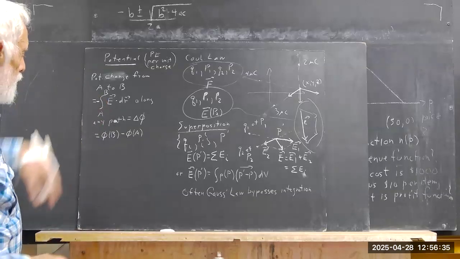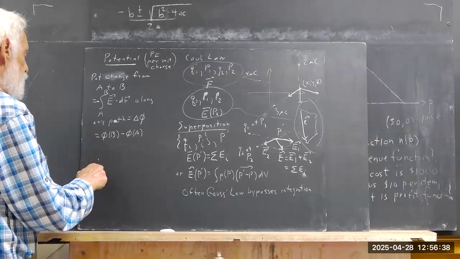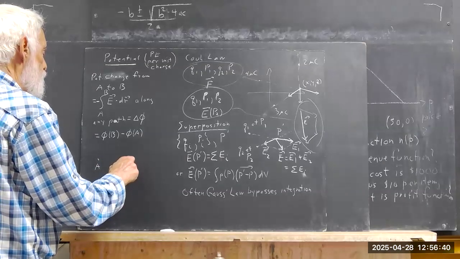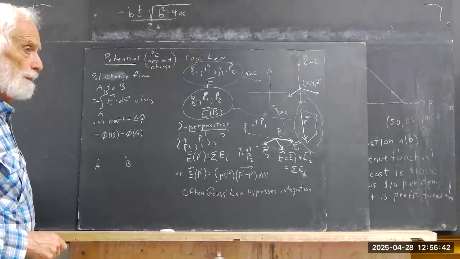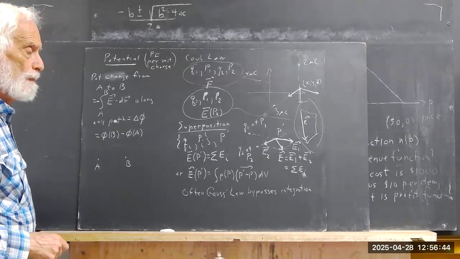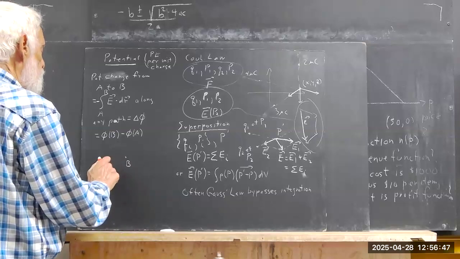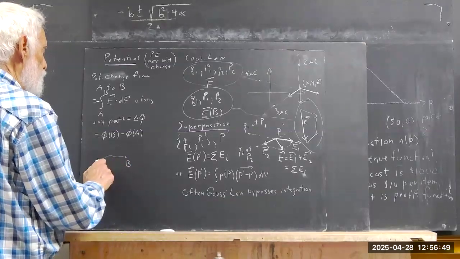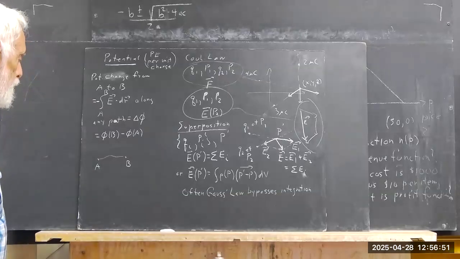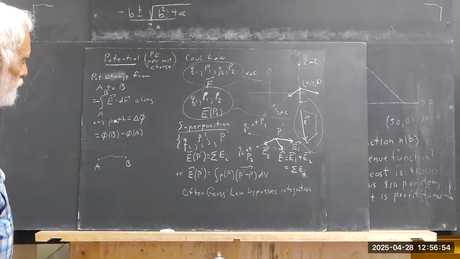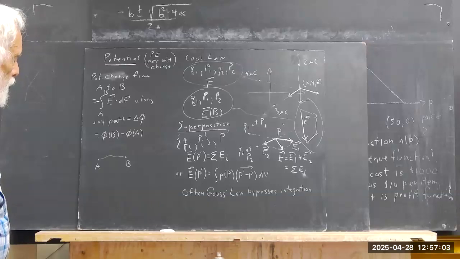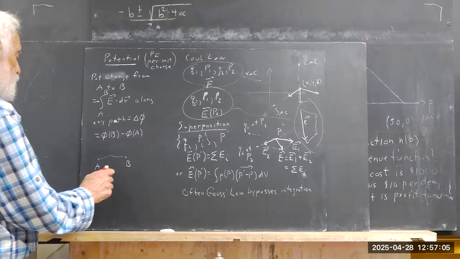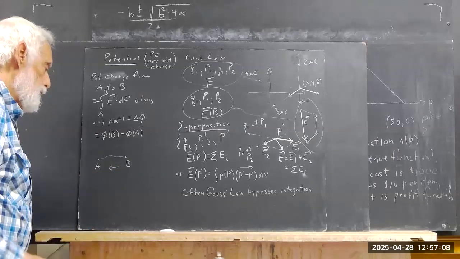Because if this is point A and this is point B, and the potential is higher here than it is here, that's clear.